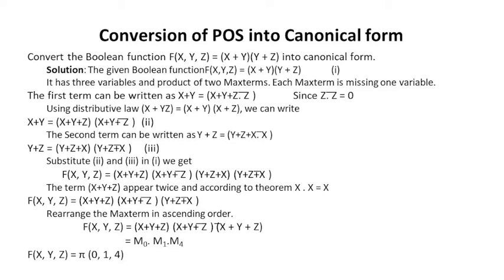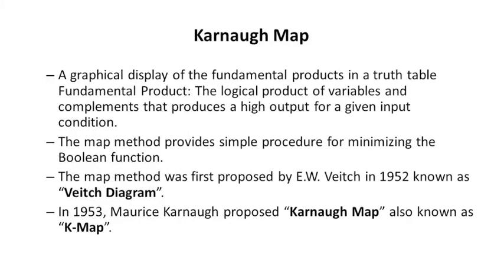So by using the distributive law we can do that. And in the second term we are missing x, so x into x bar we have to add. So the final expression will be m0, m1, m4, m3. So this is about algebraic manipulation for simplifying the Boolean expression.